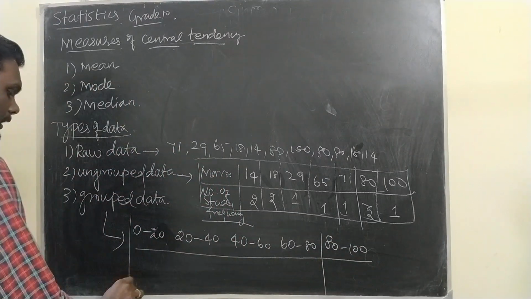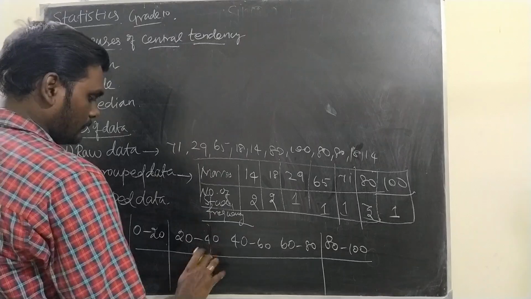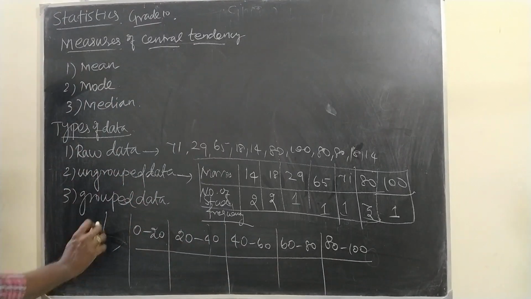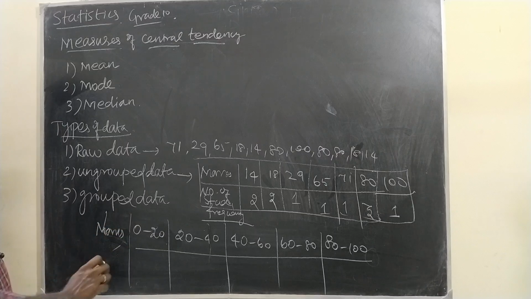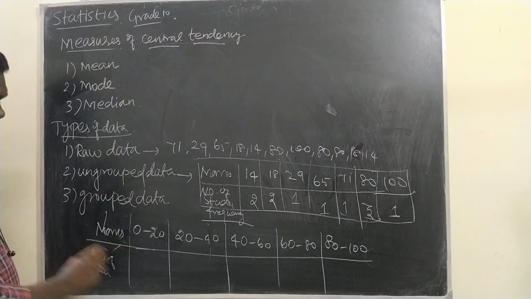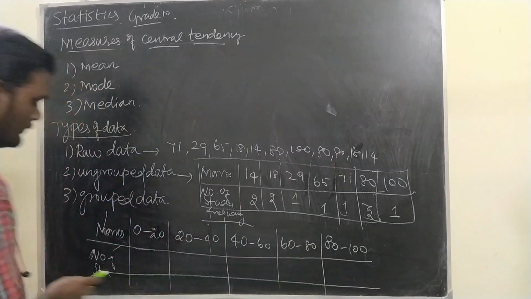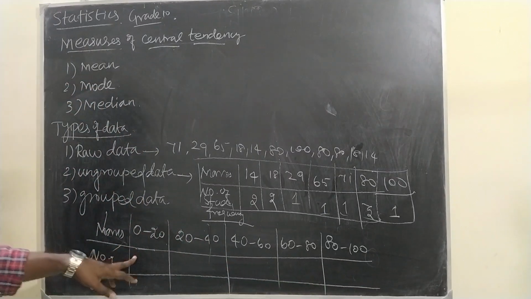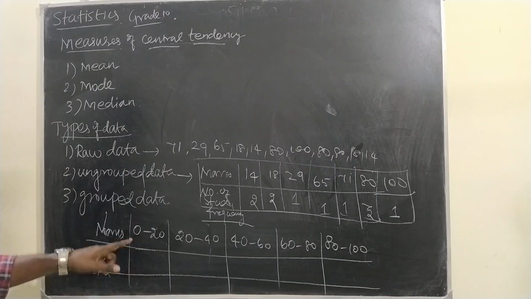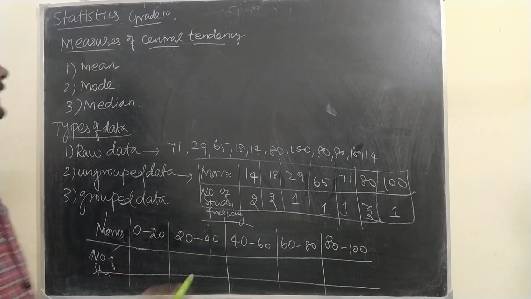I am grouping the numbers like this. These are all marks, this is frequency, number of students. Same data. Now count how many numbers come between 0 to 20. When I say 0 to 20, each of these is called a class interval.